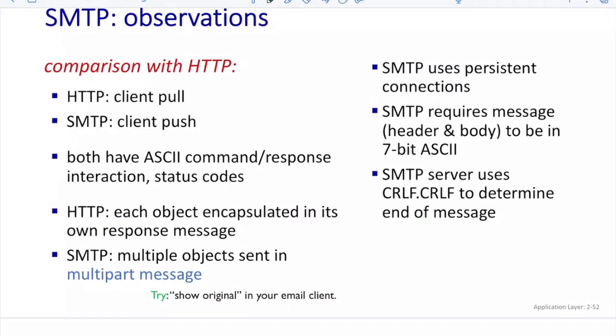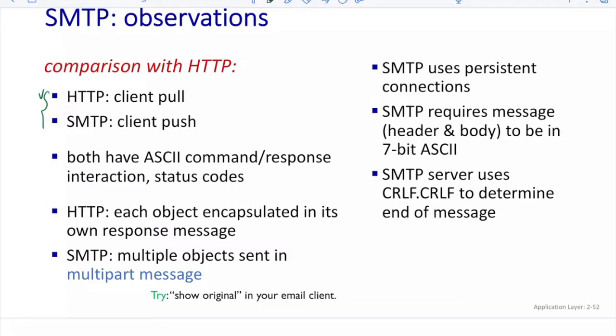Since we have now introduced 2 different protocols, for the HTTP protocol, the client pulls the objects, the resources, from the server to the client. However, to deliver an email, the SMTP client will push those email messages from its user agent to the remote email server.